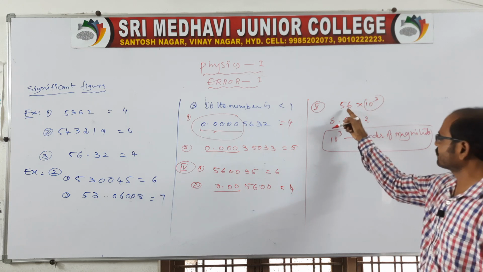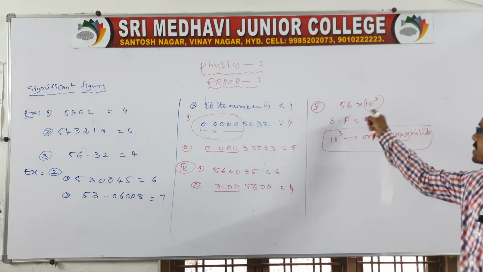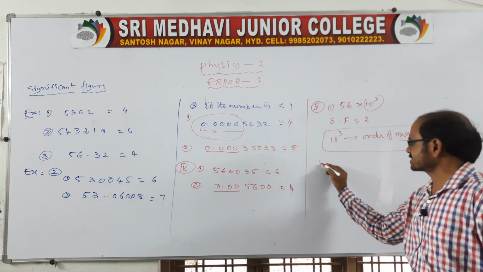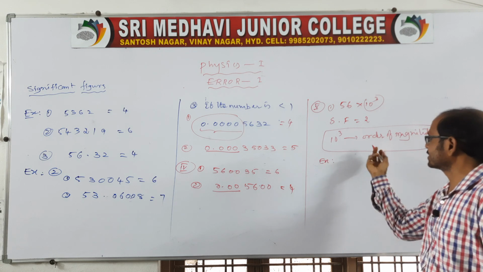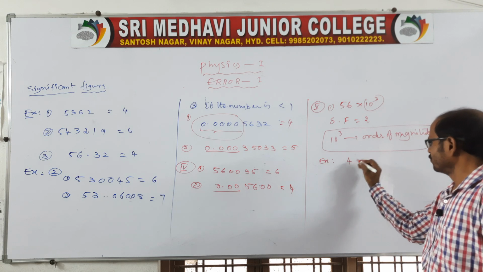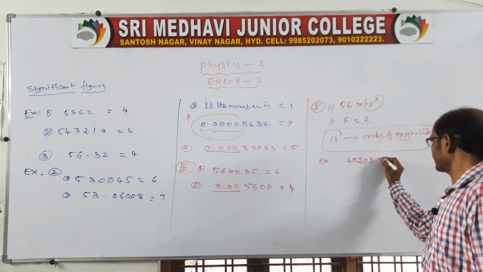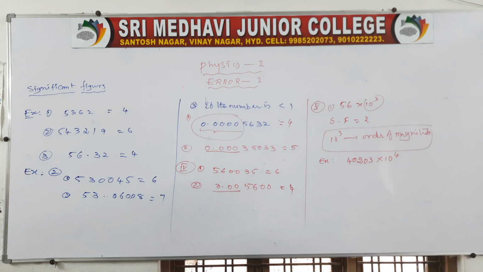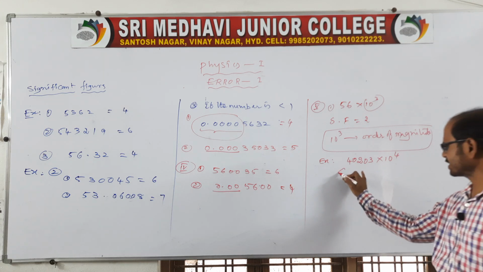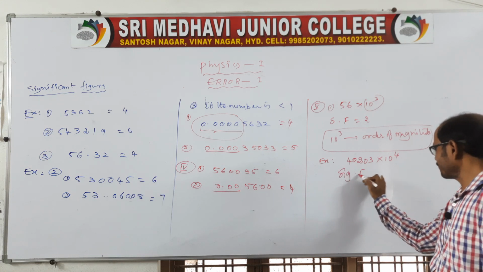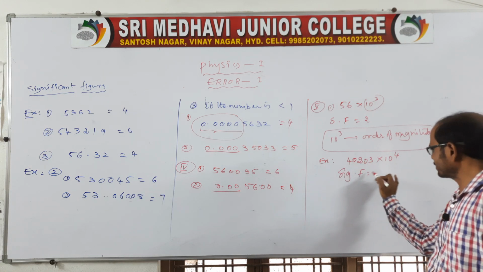But in this case the significant figure is no doubt 2, because it is 56 into 10 power 3. Take another example. Suppose it is given like this: 40230 into 10 power 4. Sir, what will happen here? You write the significant figures again: 1 2 3 4 5 is the significant.